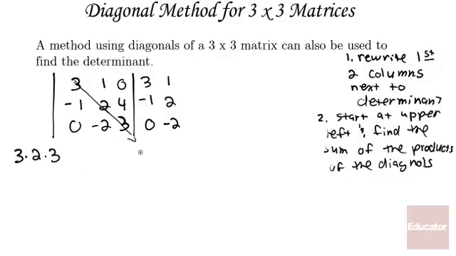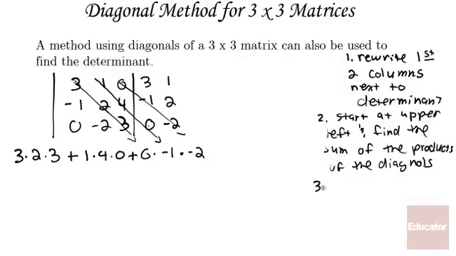And then I want to find the sum with the next diagonal, starting at the upper left, 1, 4, 0. 1 times 4 times 0. Then I'm going to add that to the next diagonal, 0 times negative 1 times negative 2.